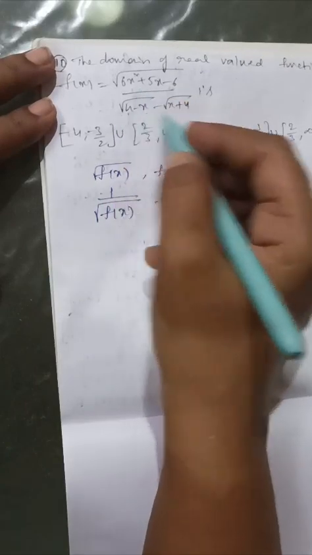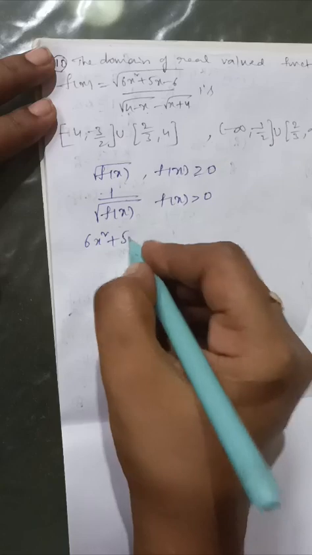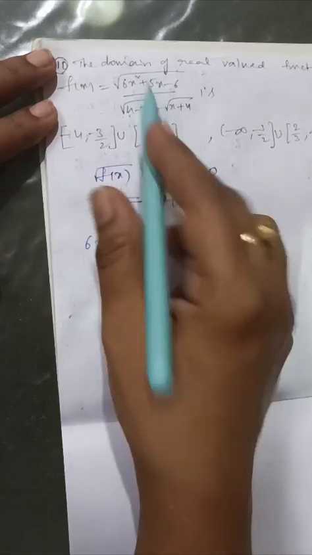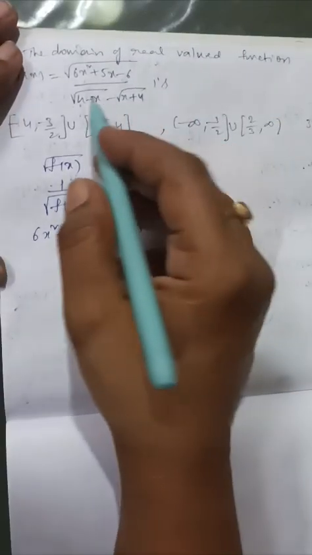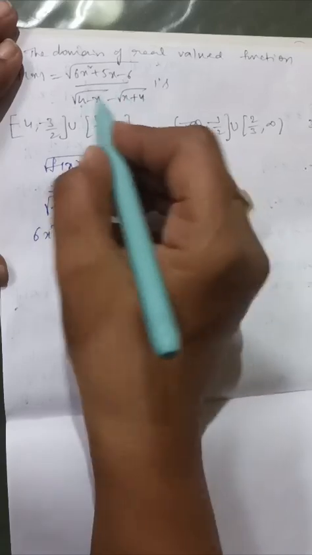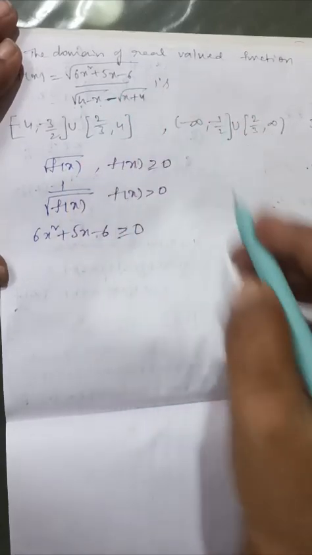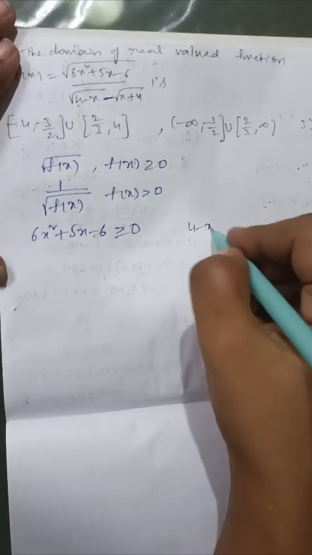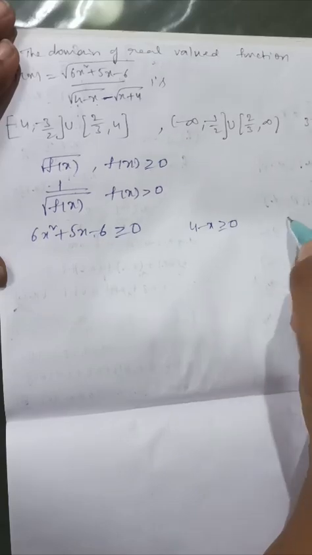Here there are totally three different functions. 6x square plus 5x minus 6, and the root part must be greater than or equal to 0. But here two more functions are there, 4 minus x and x minus 4, given in the denominator along with minus. So the second thing, 4 minus x, must be greater than or equal to 0.